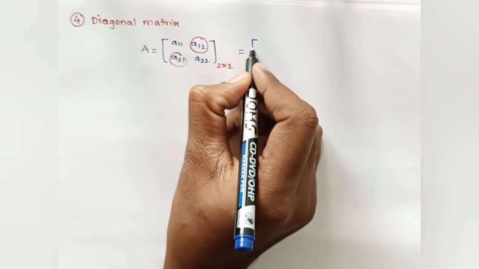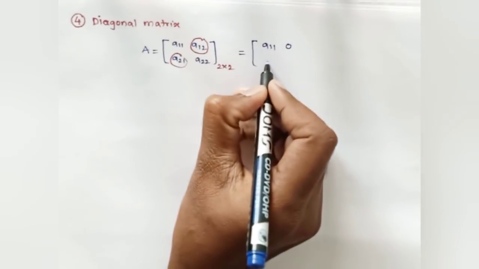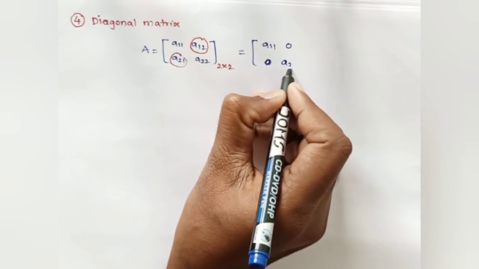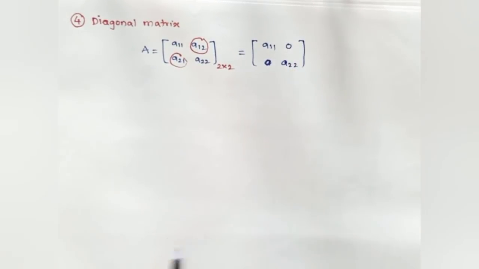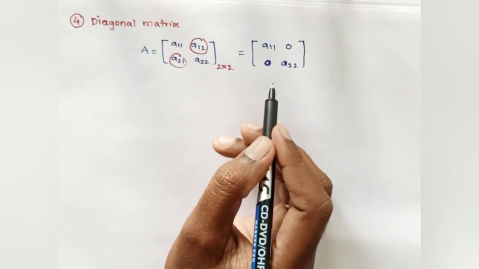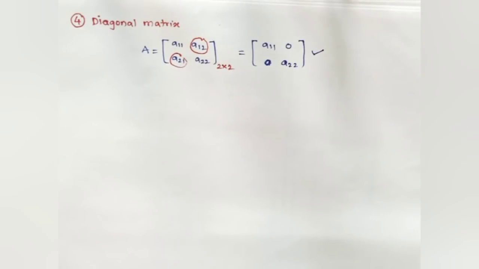Means A11, 0, 0 and A22. Now, see here A11 and A22 are any real numbers. We say that it is a diagonal matrix.